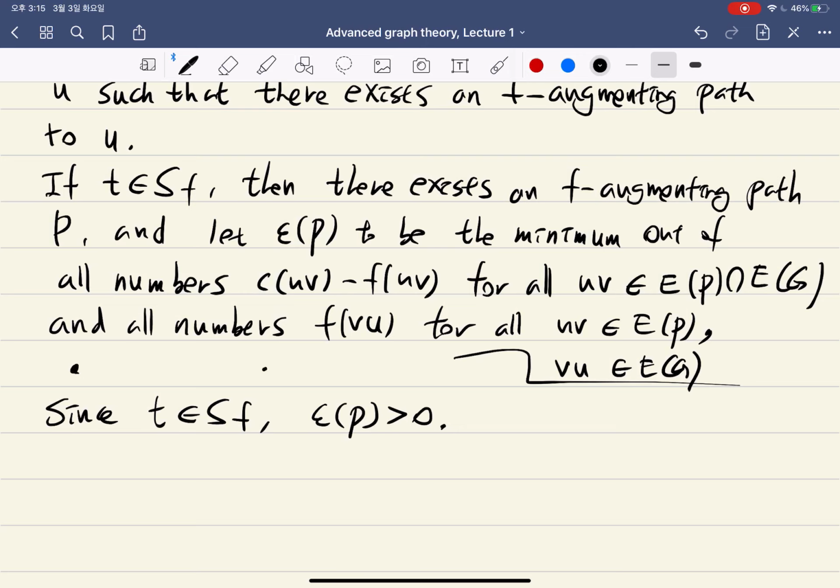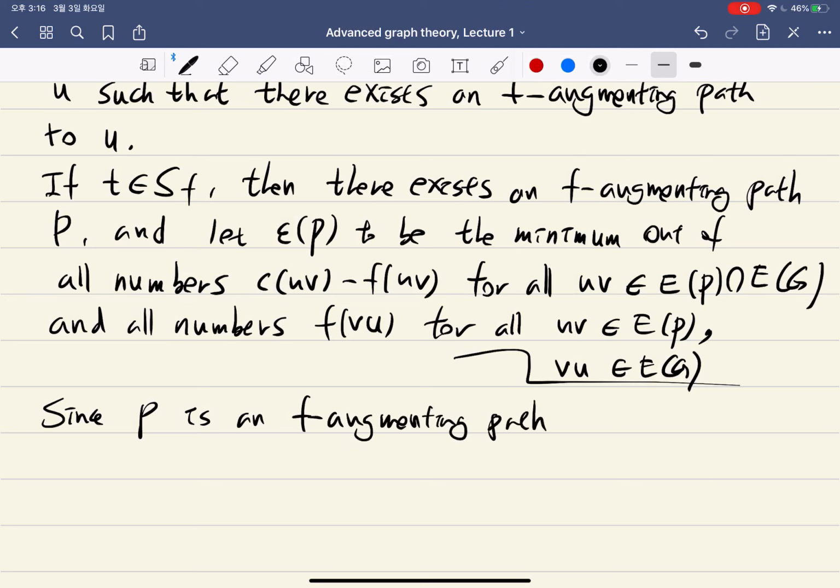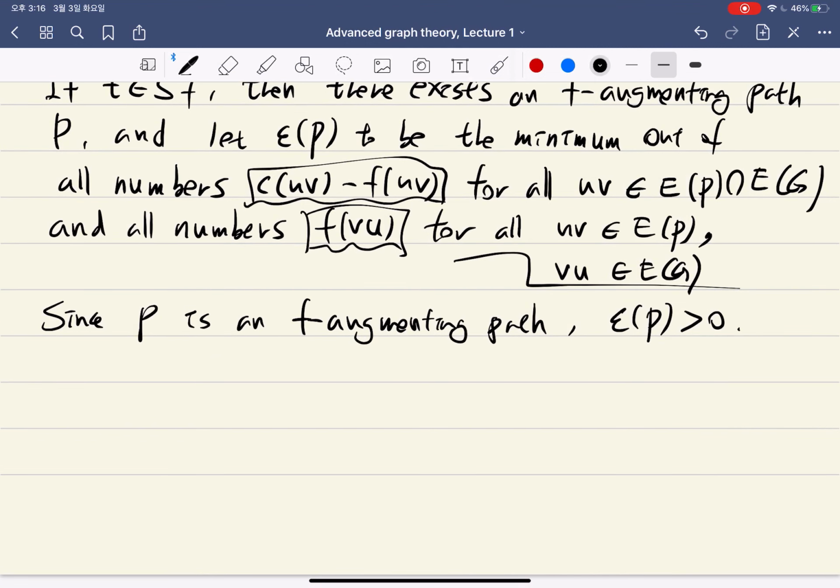Since P is an F augmenting path, we know that this is all positive and this is all positive. So these two numbers are all positive. And then there are finitely many positive numbers. And epsilon is the minimum, so we know that this epsilon P is positive.